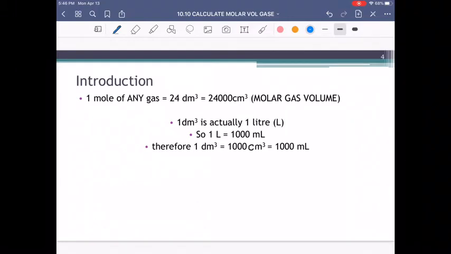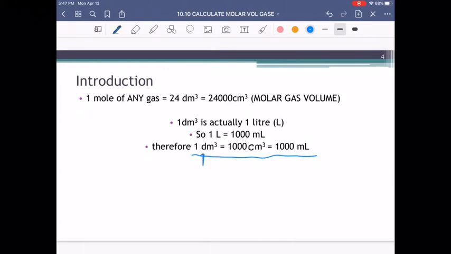For those who wonder how this conversion works, let me show you the calculation. d is deci, so 1 decimeter is equal to 10 centimeter. This is rarely used in our everyday measurement. Deci means 10.